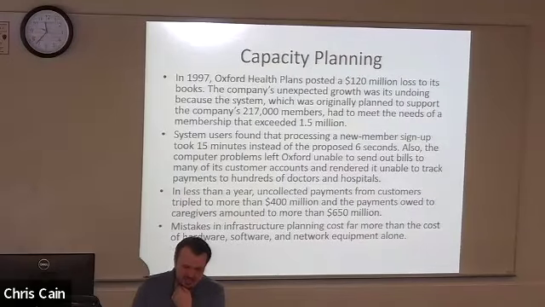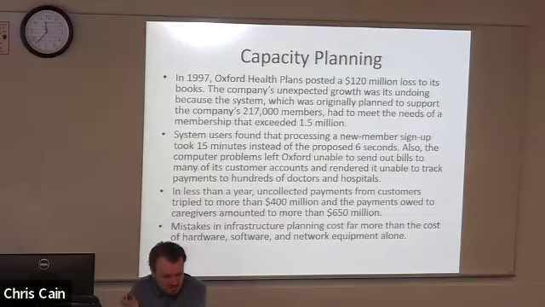So some examples of things like capacity planning. Trying to figure out how many people are going to be using this. So just plenty of examples of this. To read one of them: one company's growth meant that it was planned that 217,000 members were going to use it, but eventually the membership exceeded 1.5 million and it wasn't designed for that level of growth.